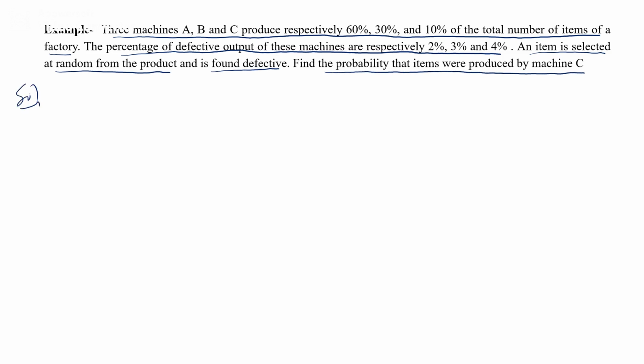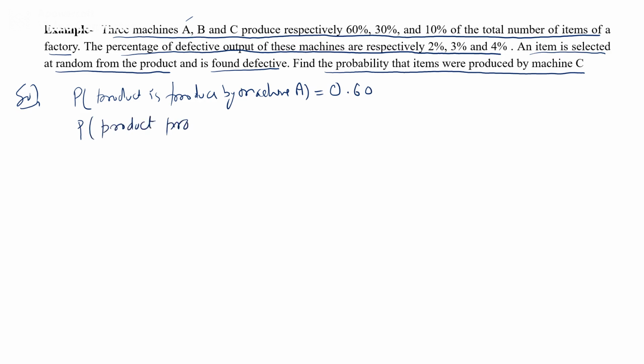So here first we write the events. We are given the probability that a product is produced by machine A is 60%, that means 0.60, and the probability that a product is produced by machine B is 0.30, and similarly the probability of being produced by machine C is 0.10.